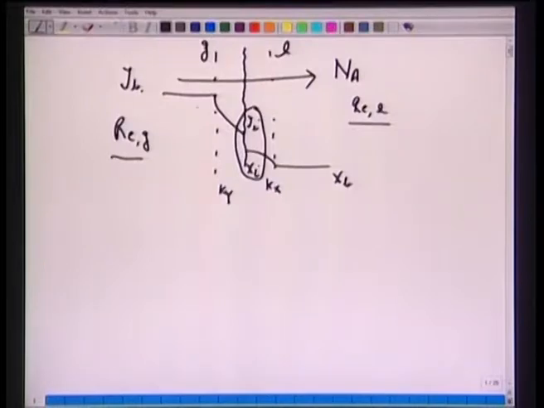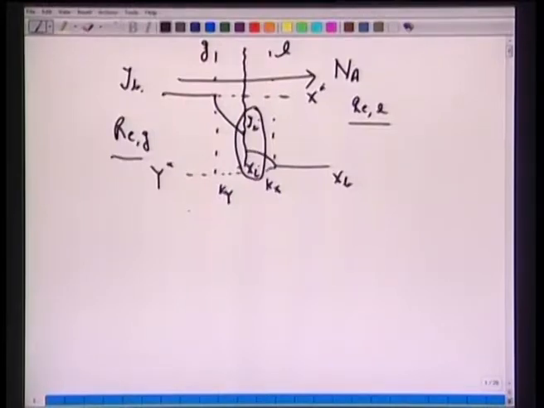We also said that for YB, there will be a corresponding X star, and corresponding to this XB, we can have Y star. So these are the different concentration levels which we have marked here.